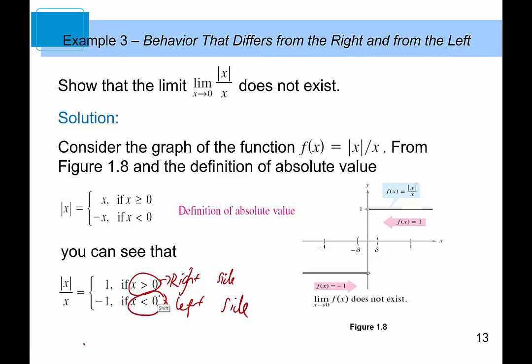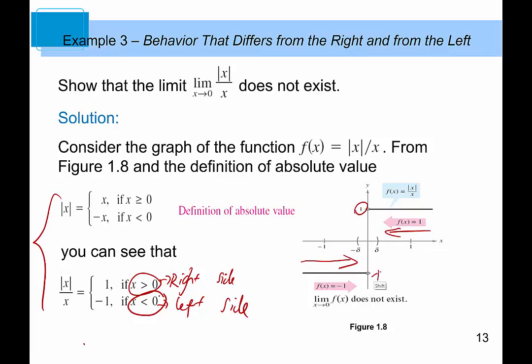When x is less than 0, we get negative 1 here. So these two numbers are not equal to each other. And graphically speaking, when x approaches 0 from the right-hand side, you get a limit of 1. From the left-hand side, the y value approaches negative 1.